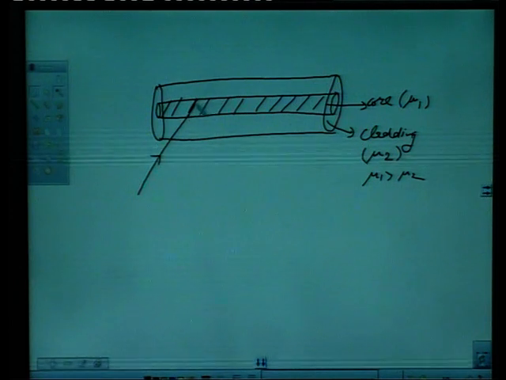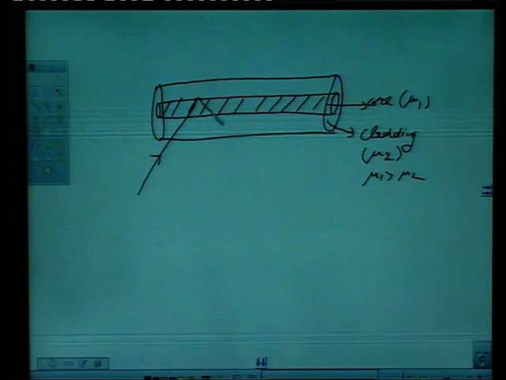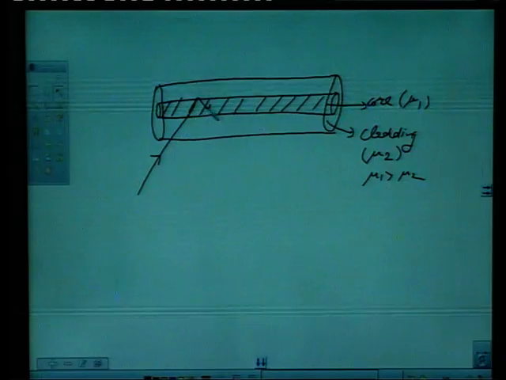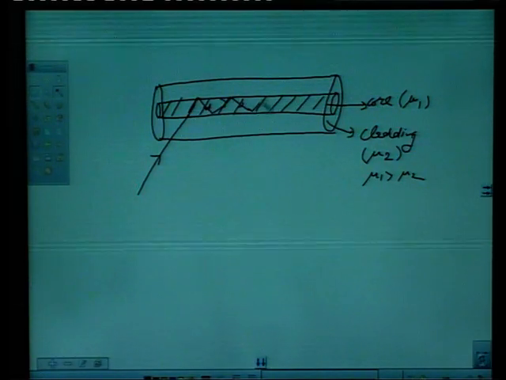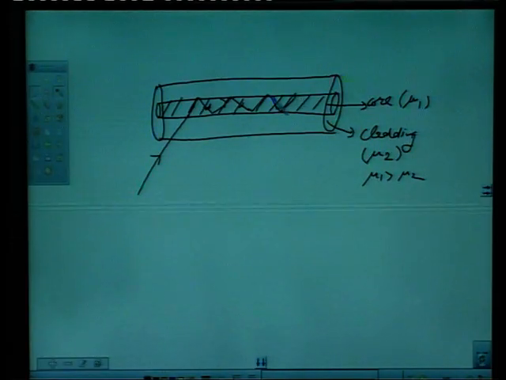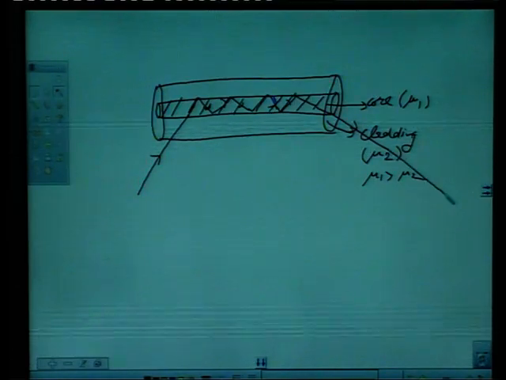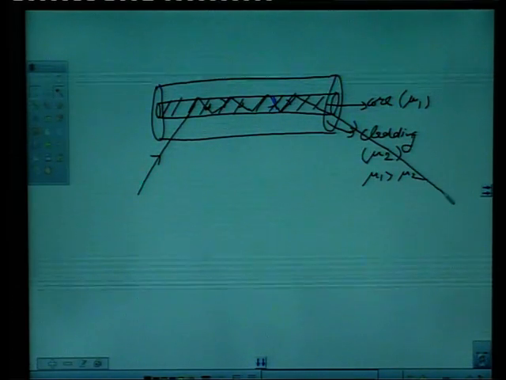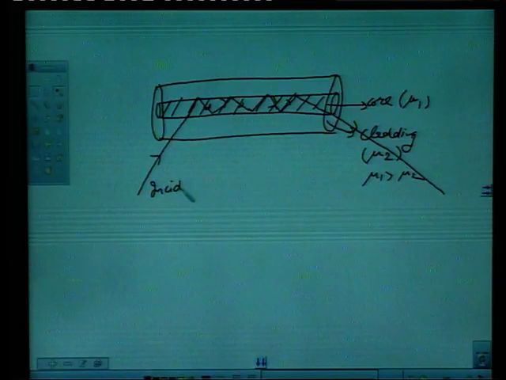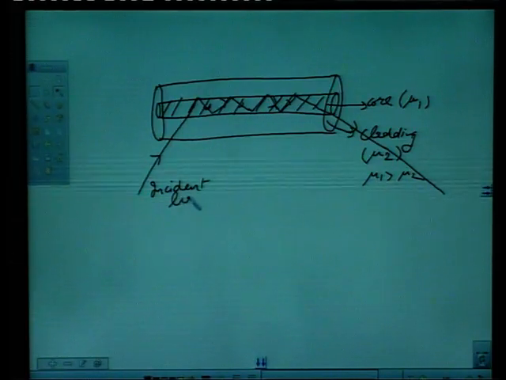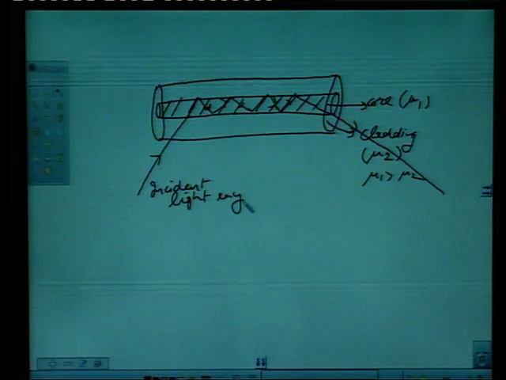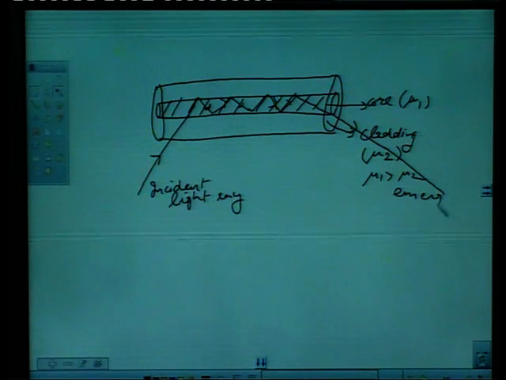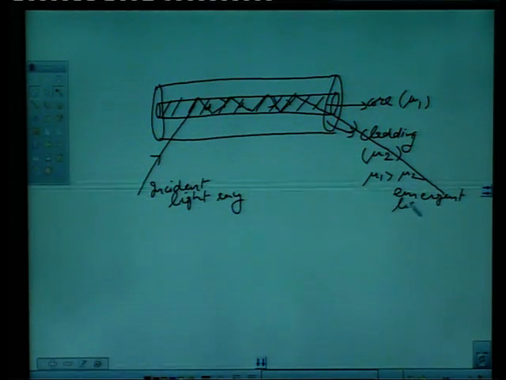This is the interface of core and cladding. Once it has entered the optical fiber, it suffers multiple reflections and it comes out as such without the loss of energy. This is the incident light ray, this is the emergent light ray.